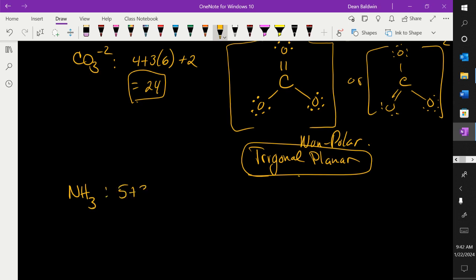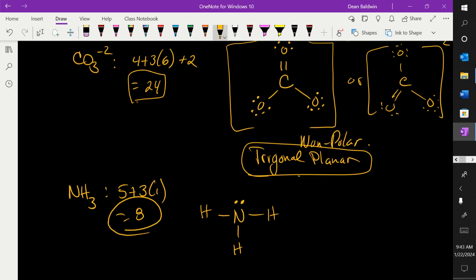Hydrogen has 1, but we have 3 of them. So we got 8 valence electrons. There's 6, 7, 8. Okay, so there's your Lewis structure.